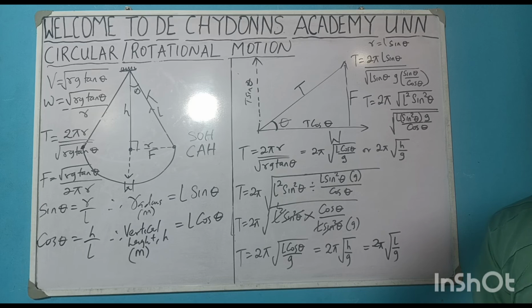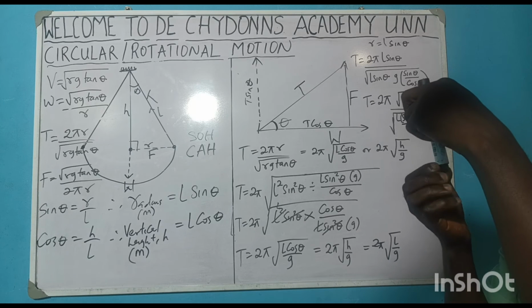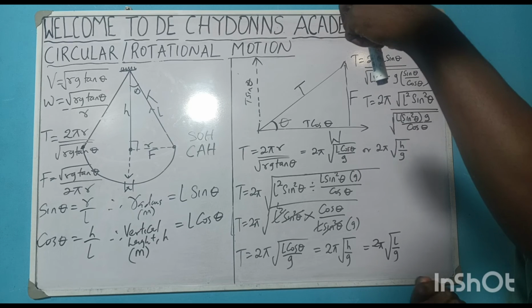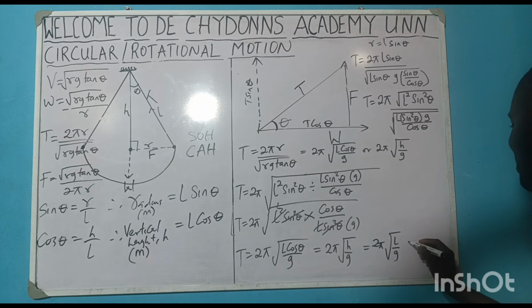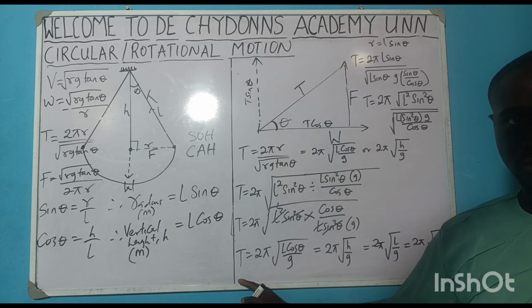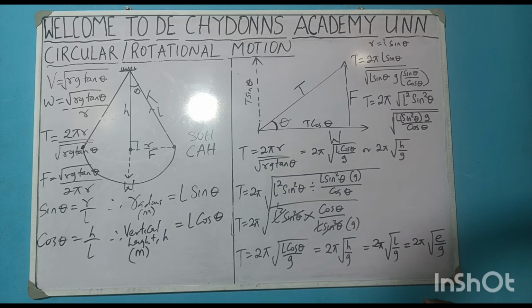Then if you are dealing with extension, you stretch it, it has extended. It means that this h you are seeing will be equal to extension over g. Then in terms of mass, I'm just showing you all the different formulas for periods. Whichever one, depending on the parameters that are given, we will see practice questions we will do so that you learn more.